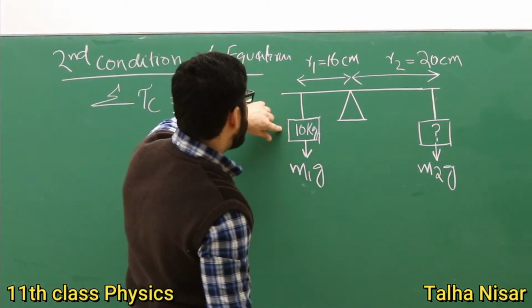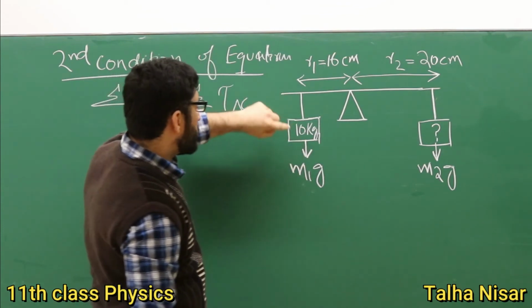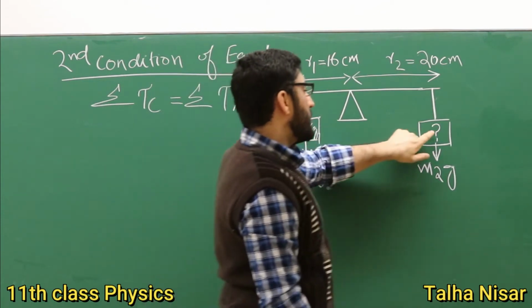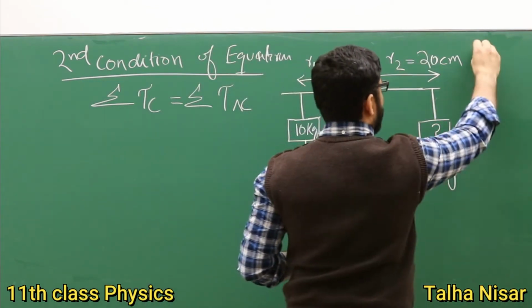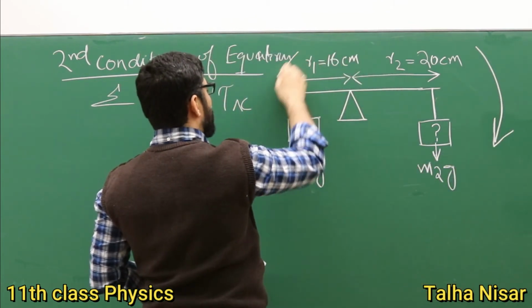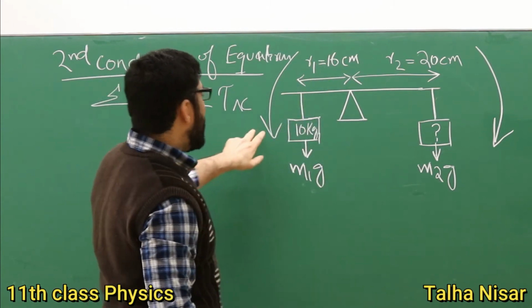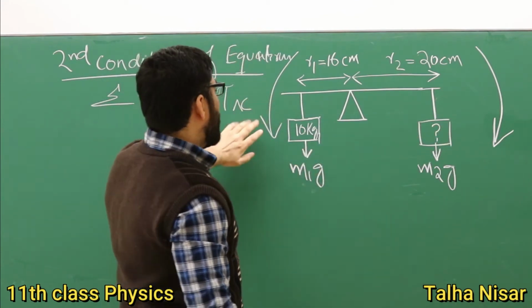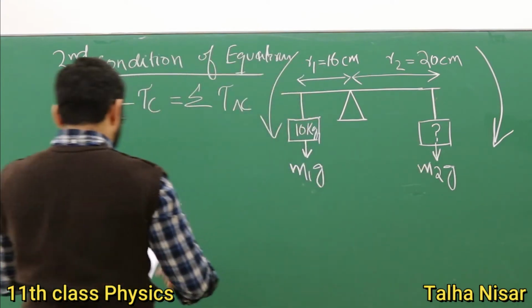Here, this force, the gravitational force because of this mass, is causing the anti-clockwise torque, and this one is trying to cause the clockwise torque. So this one is trying to move this system in this direction, and here it's the anti-clockwise torque, but they are equal since the net torque is 0 according to the second condition of equilibrium. So we want to know what is the mass of this object here.